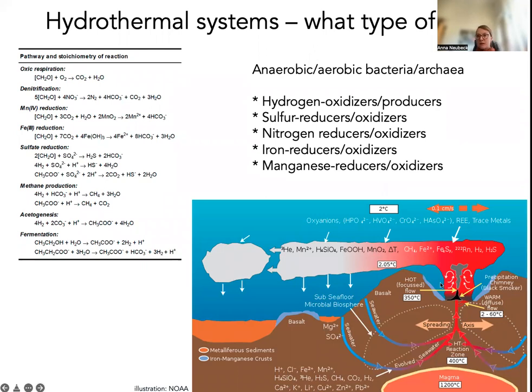And here in the dotted line, you have the microbial biosphere living within the rock, but they are also living in the plume here. But within the rock, the temperature is moderate and they still have the possibility to access the fluids that are percolating through the rocks.